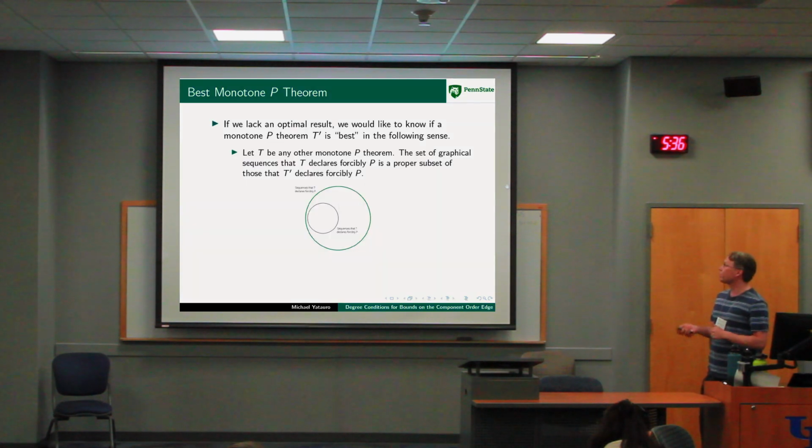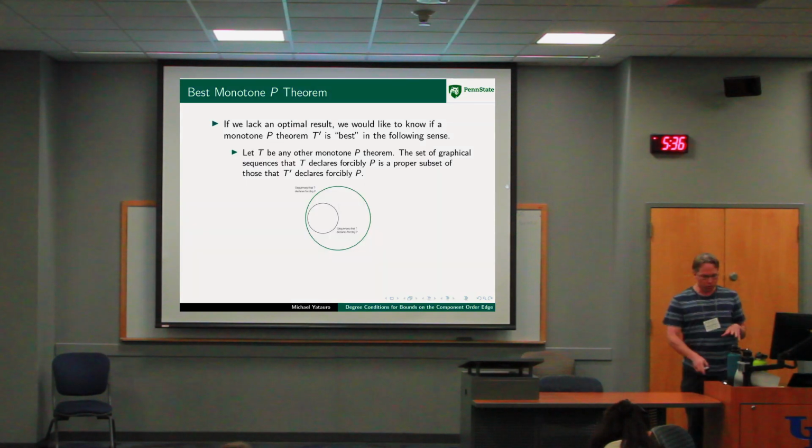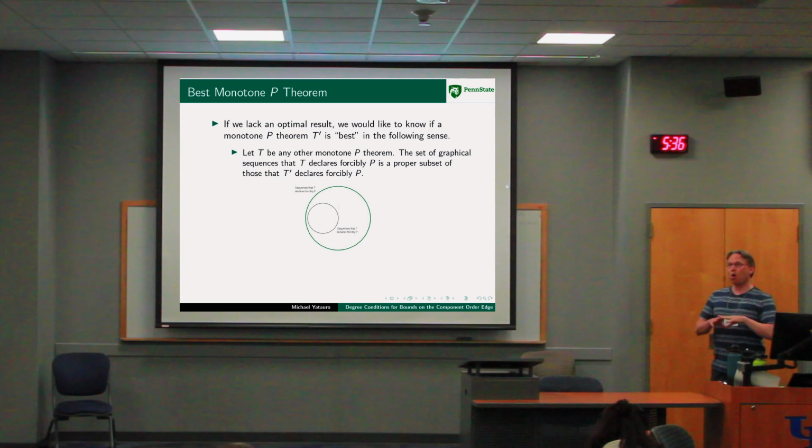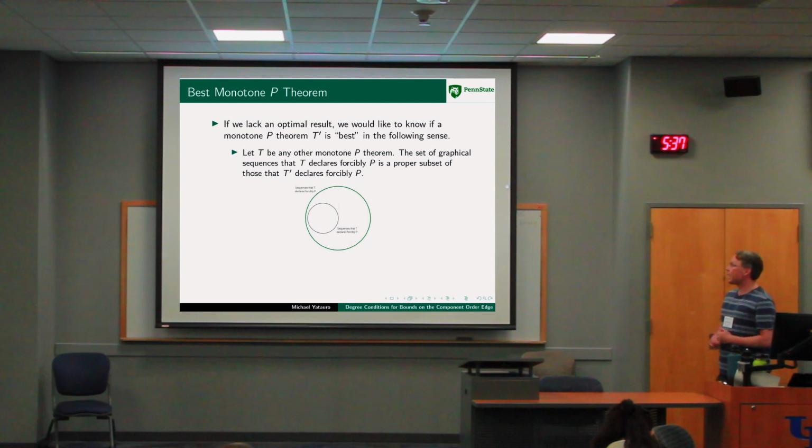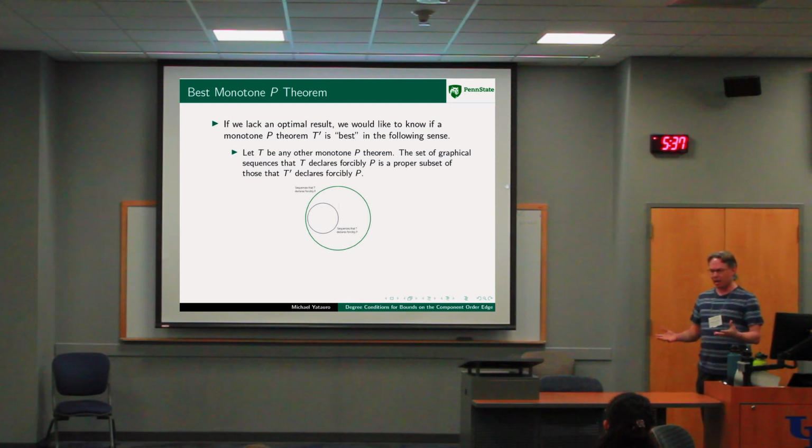So here, we want to make sure that, let's say out of all of the known constructions for P theorems, so we have these P theorems that exist. For Hamiltonicity, there are a number of monotone degree sequence theorems that exist, but some are in some sense stronger than others. And the idea here of stronger, or best as we're going to say, is that it casts the widest net of all the P theorems for that property.